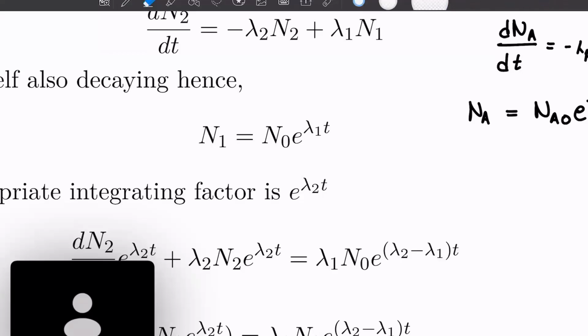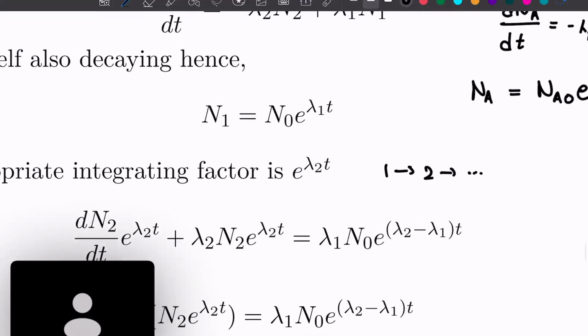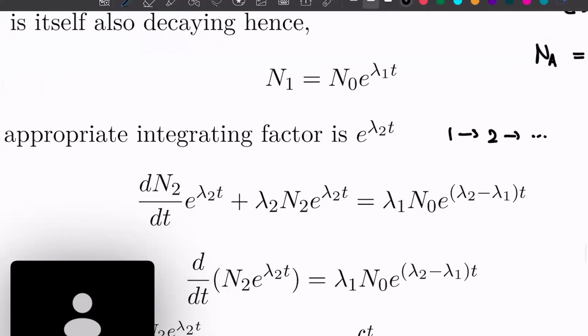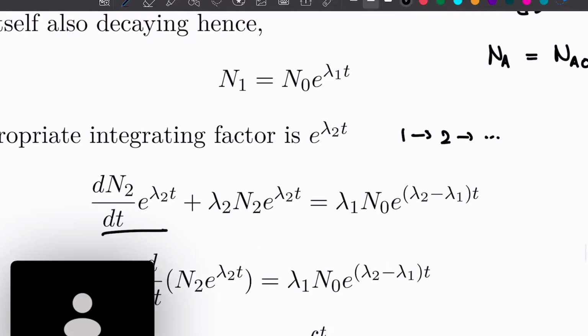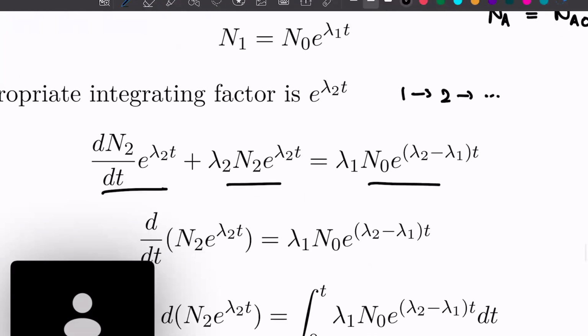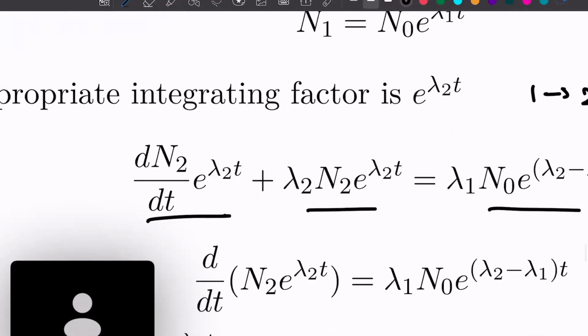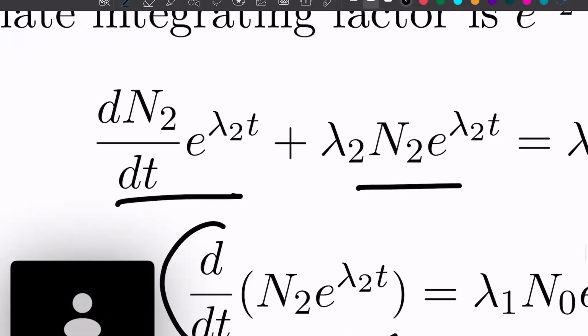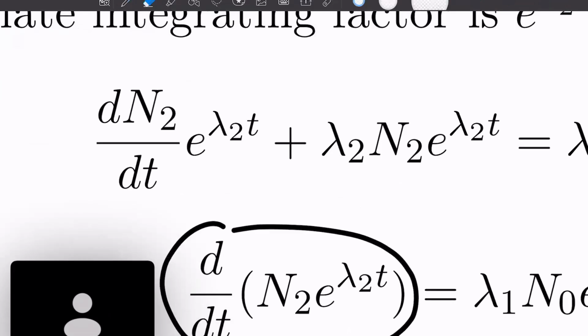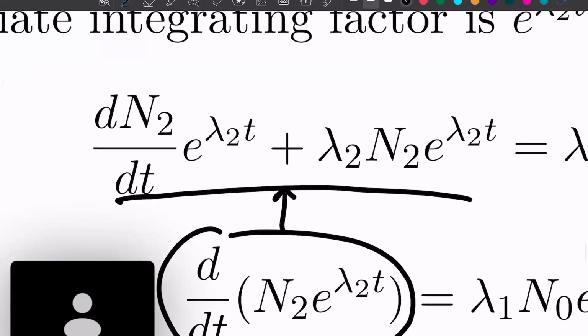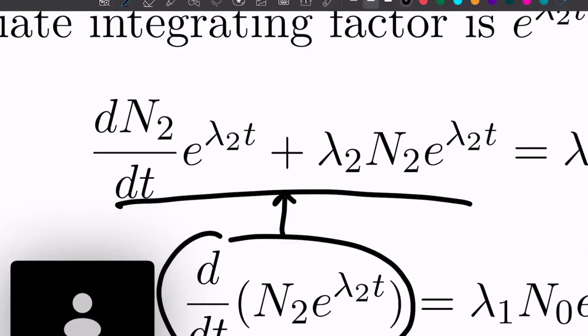So we are doing 1 decays into 2 decays into something else. In this case, if we multiply both sides by this, the special thing is you realize that this actually expands into this. If you expand this out, you will get this.